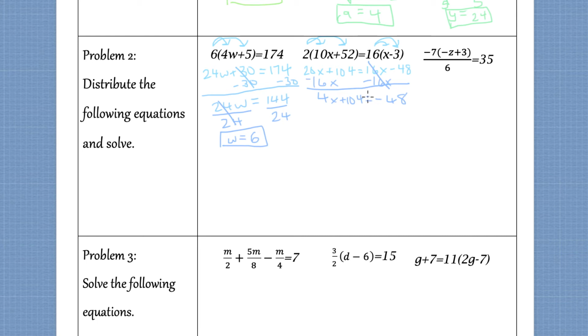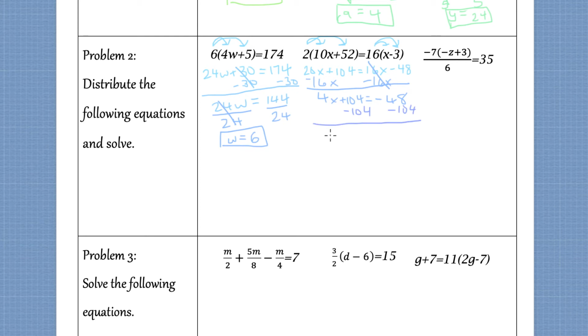Now we want to get rid of this 104 to leave this x term alone on that side. So we're going to subtract 104 on this side and subtract 104 on the other side.